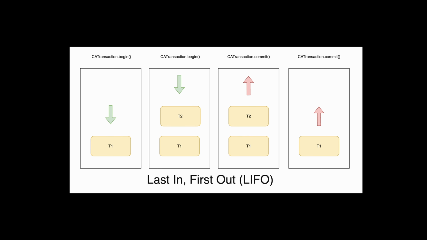To understand better why nested transactions function this way, consider that transactions are managed by a shared transaction stack. Last in, first out. When you begin a transaction, it's added to the transaction stack, and on committing, it's removed. Nested transactions will only be applied to the render tree when the stack becomes empty.